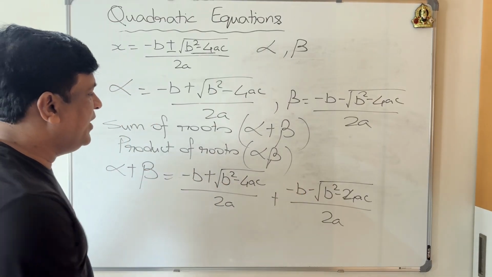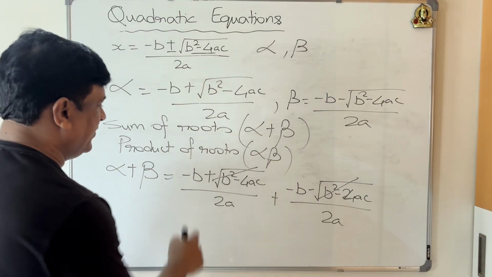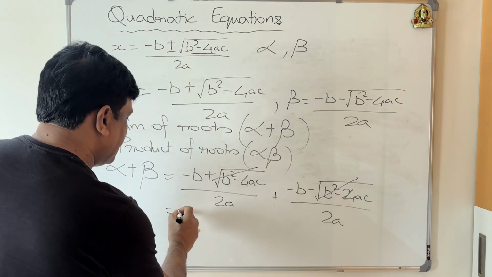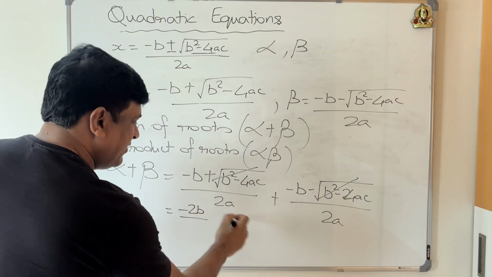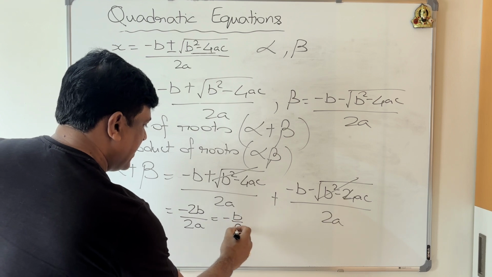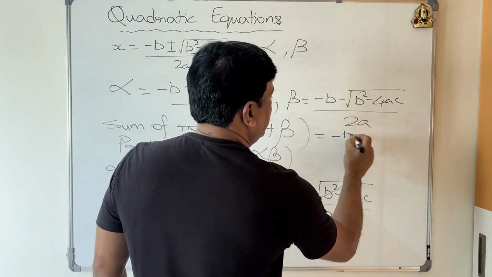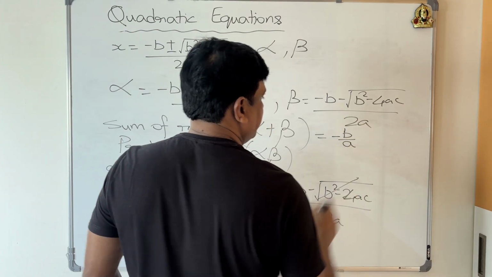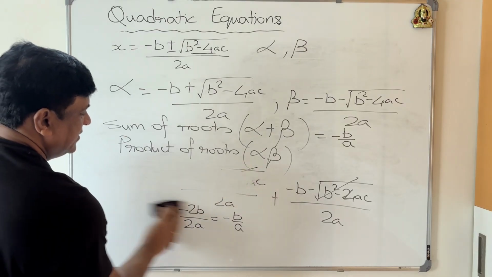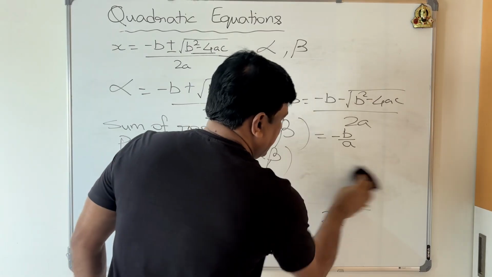Now look at the numerator, this discriminant completely cancels out. So what are you left with? You are left with -2b, and you have the LCM 2a, so it becomes -b by a. So remember, alpha plus beta is always -b by a. Okay, you got the sum of the roots. You need to remember that, so that you can easily frame the equation.